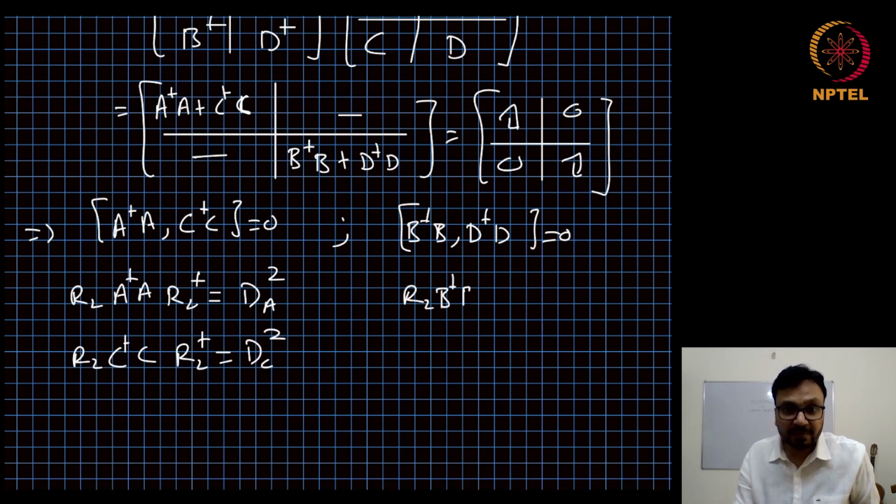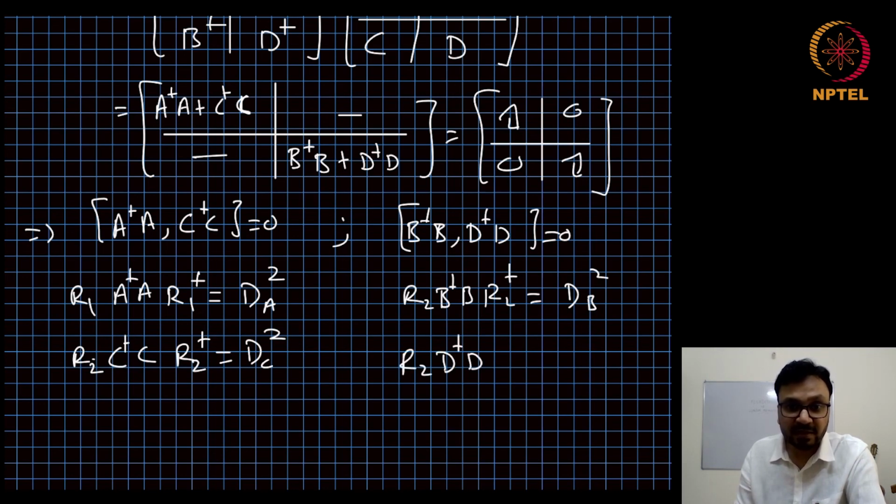R2 B dagger B R2 dagger is dB square, and R2 D dagger D R2 dagger equals dD square. The naming does not matter, but I just want to be consistent with the notes so that later on, if we use them, we don't make a mistake.